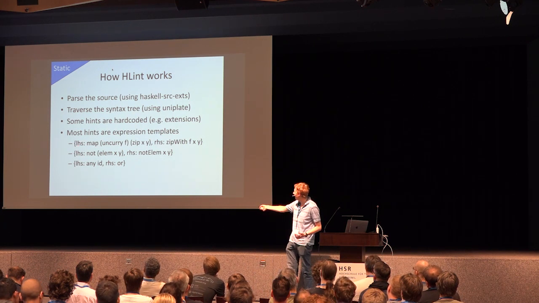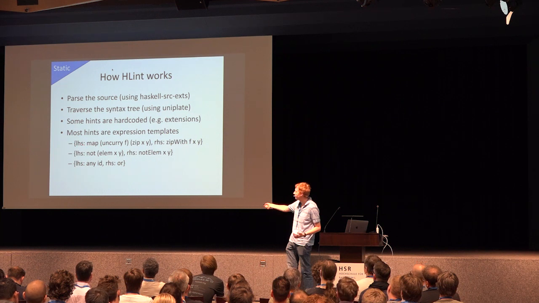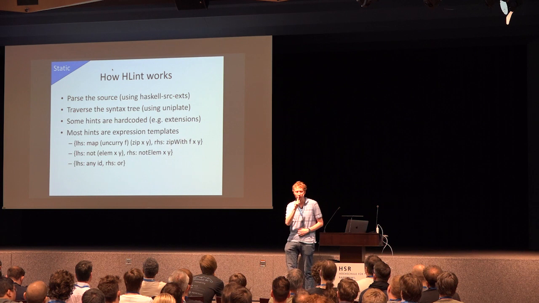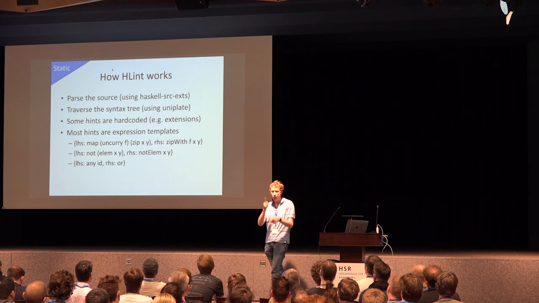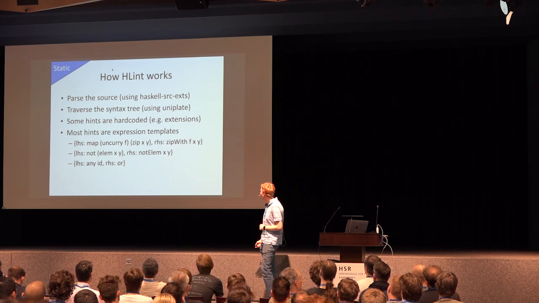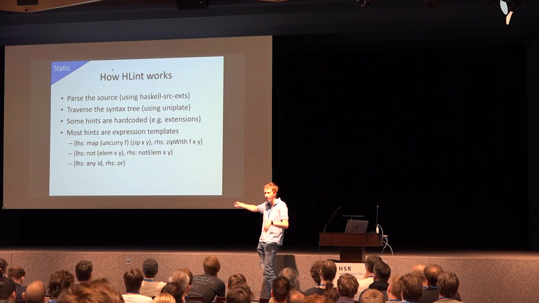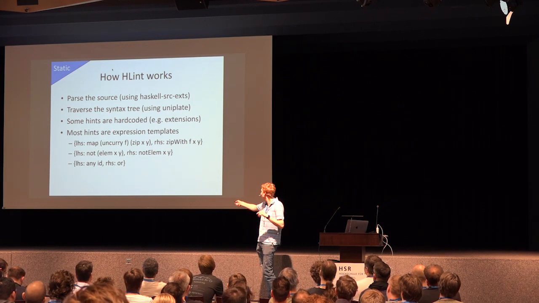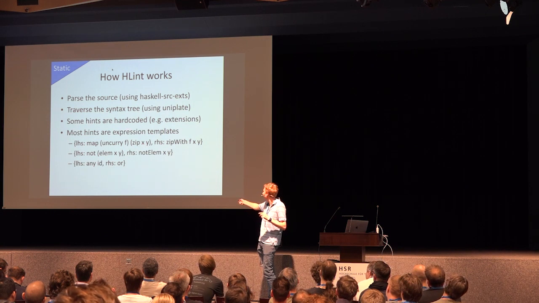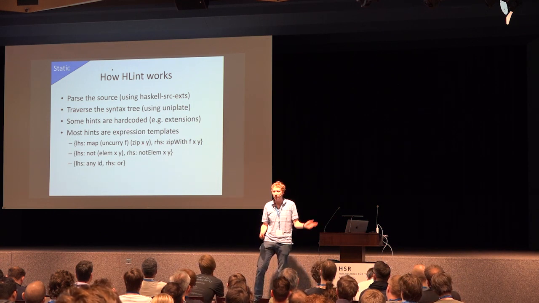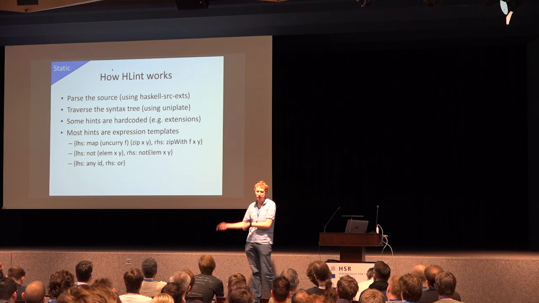So it's literally if the left-hand side looks like this, then suggest the right-hand side, where any single letter variable is a substitution thing. So if you write map uncurry something, whatever, uncurry (+), zip x y, it will suggest, well, didn't you mean zipWith (+)?